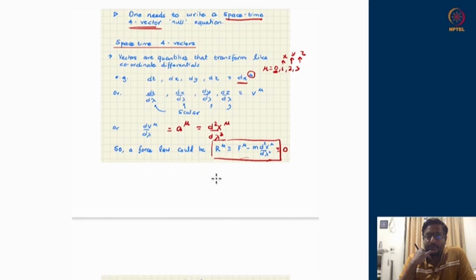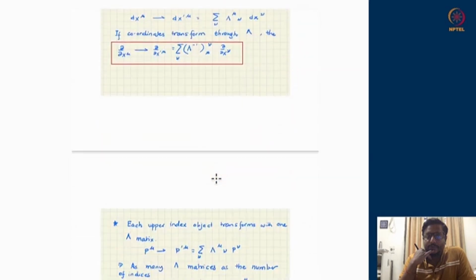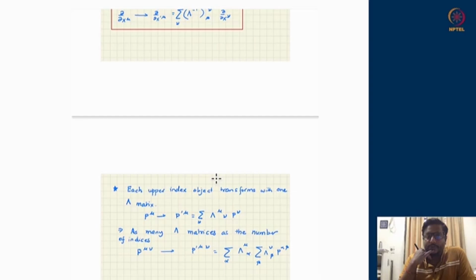So that is what we have written over here, that dx primed is this quantity. Similarly, dt primed is this quantity. C times dt primed is this quantity. Now in the new frame, this quantity d tau primed square is written in this form.